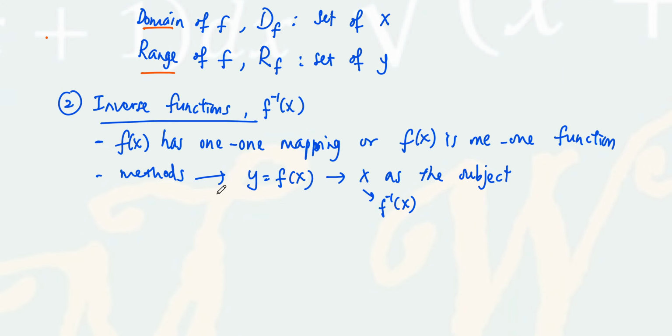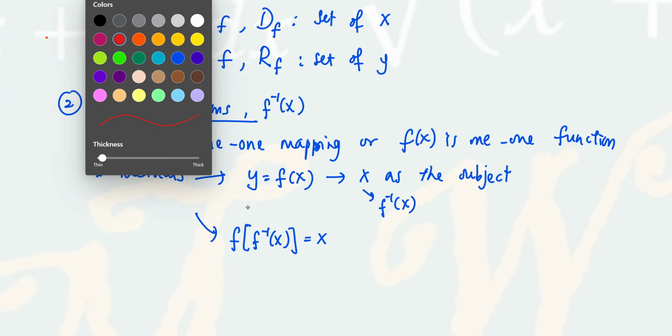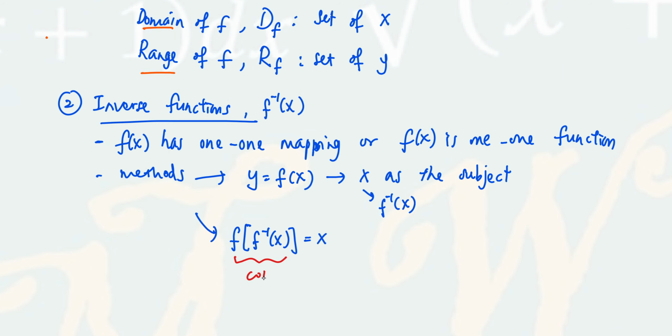That is the first method. The second method is you can just use a composite function, f(f^-1(x)) = x. So you have two methods here.